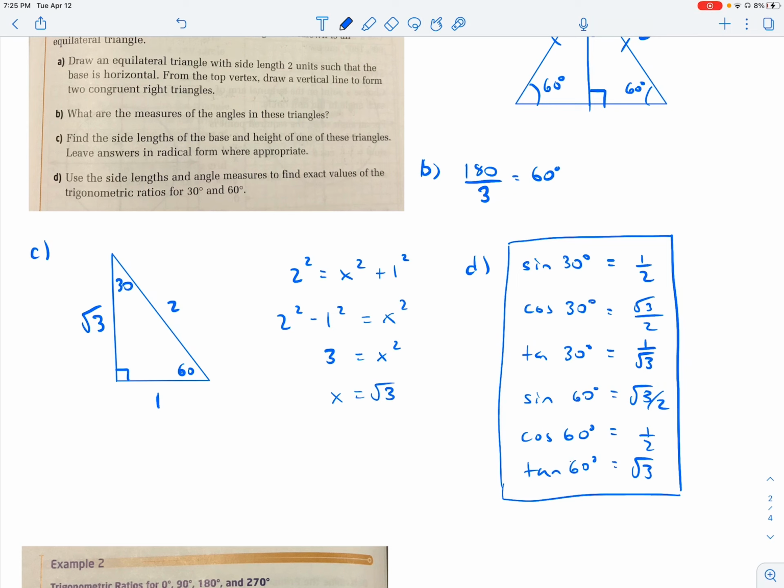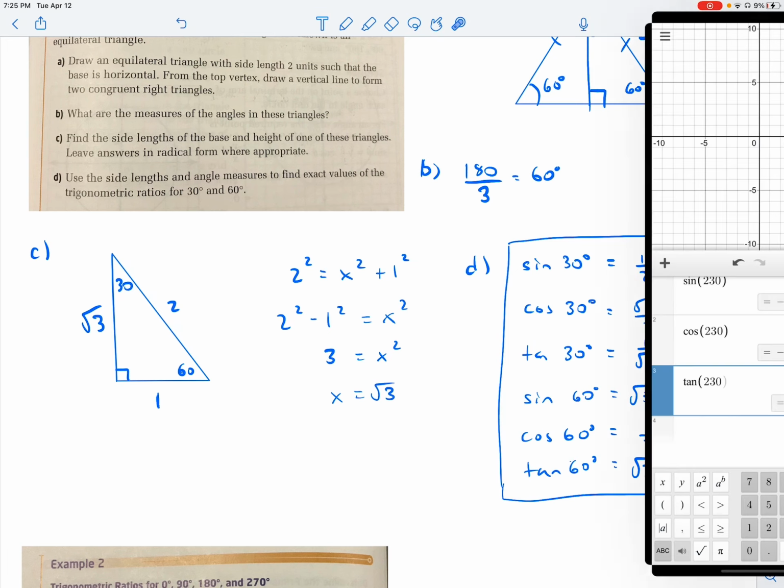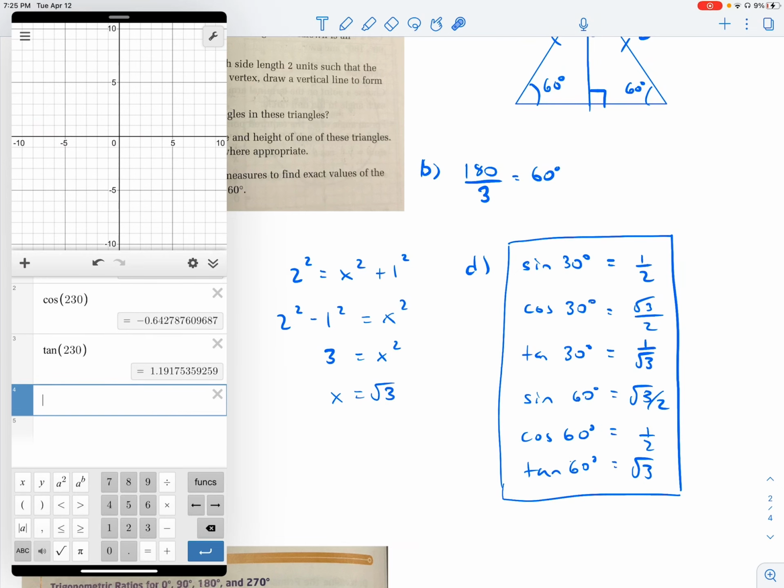So in physics and in engineering and even in architecture and some of the skilled trades, 30 degrees comes up a lot, and 60. So whenever they need to do sine or cos of 30 or 60, you can actually just use these short form, these exact ratios. So let's go ahead and just check one of them and make sure everything's okay.